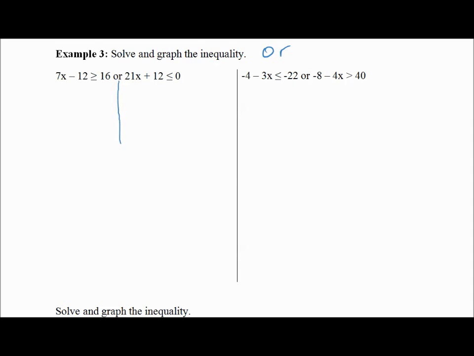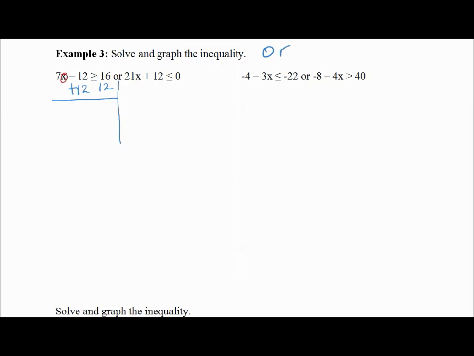So the first one, I have 7x minus 12 greater than or equal to 16. I know my goal is always to isolate my variable, so I need to get this x by itself. That means I need to get rid of this minus 12, and in order to do that, I'll add 12 to both sides of my inequality.